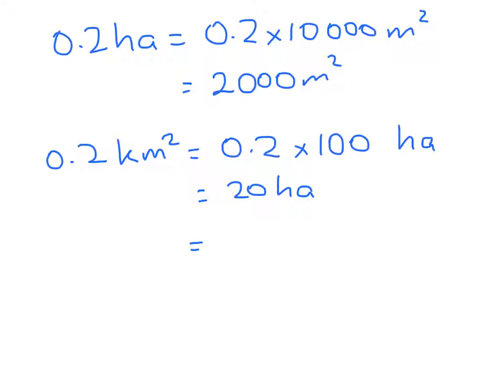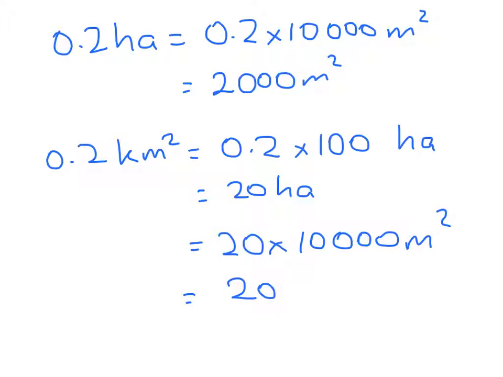Now I'm going to go to metres squared. That's times 10,000 metres squared. So that gives me 200,000 metres squared. You can see from that example why we don't talk about the area of countries or national parks in metres squared. Already with that little number of 0.2 kilometres squared, it's getting quite hard to read that number.